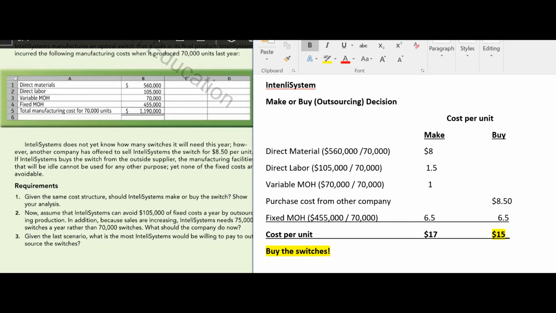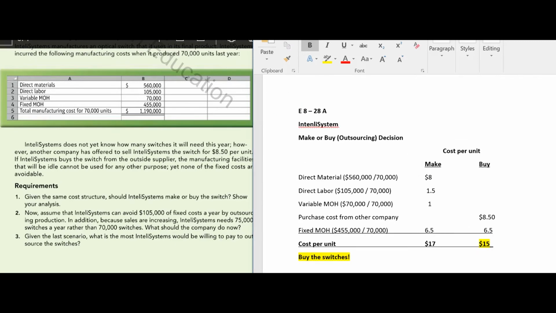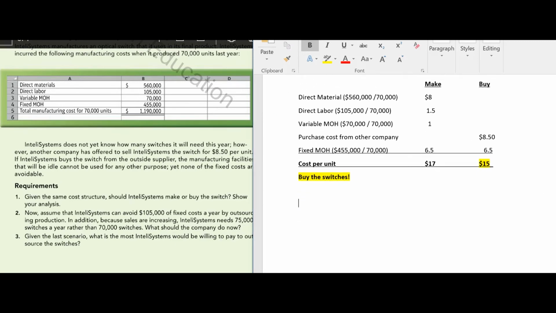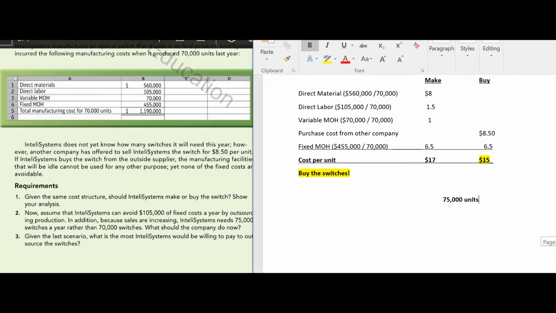Here we're going to use this per unit information and apply it to 75,000 units. So let's do one income statement for 75,000 units. This information is only for one unit.